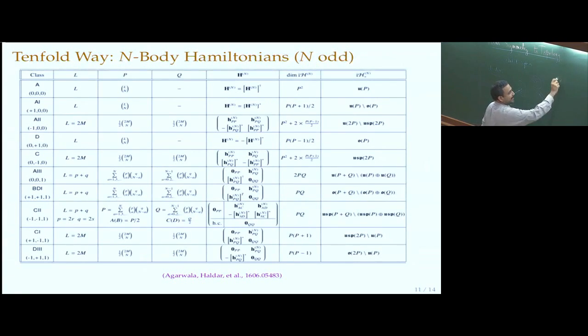So I can create electrons at a site. If this is the site I, I can create fermions at site I by this matrix psi diagonal. Okay, and now the way I'm going to implement every symmetry that I have is by saying that it doesn't mix with this I index.